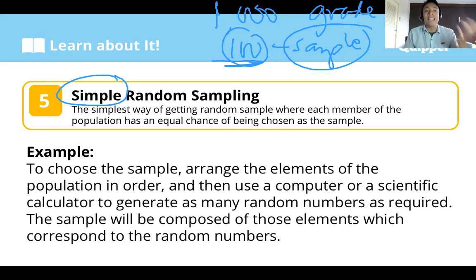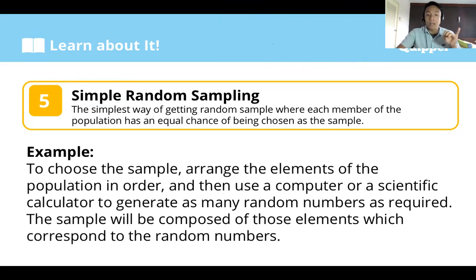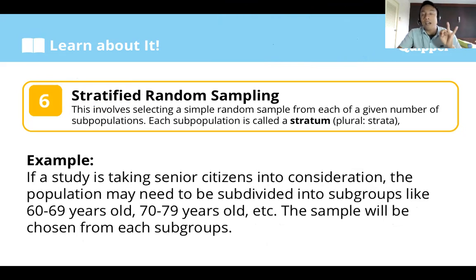Okay? So this is the easiest way of getting a sample. Yung simple random sampling. Okay? The simplest way from the word itself, simple. That's the first one.